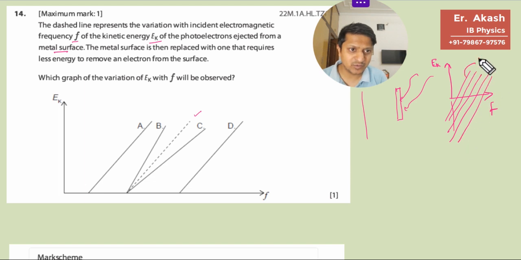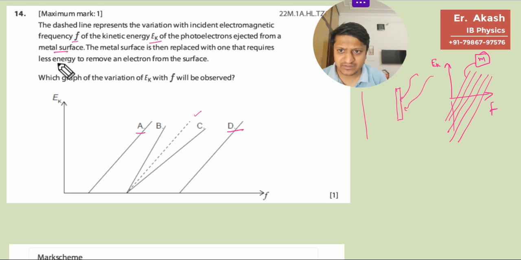It means the slope is always the same. So in all these options, option A and option D can be right, because A is parallel to the dashed line, and D is also parallel to the dashed line. So A and D can be the right answer.